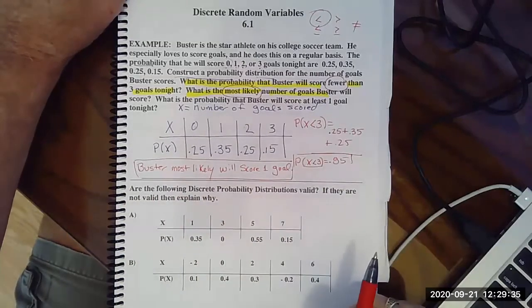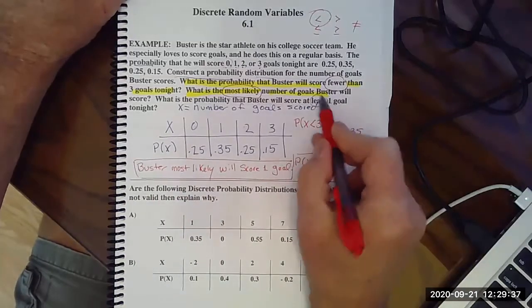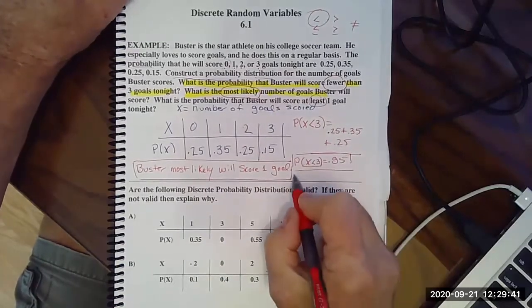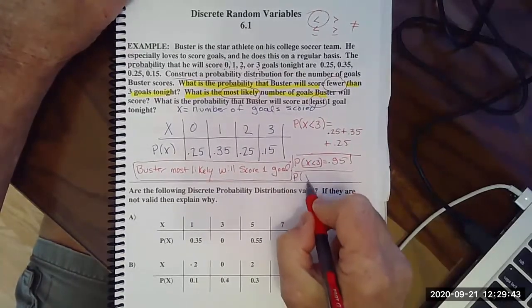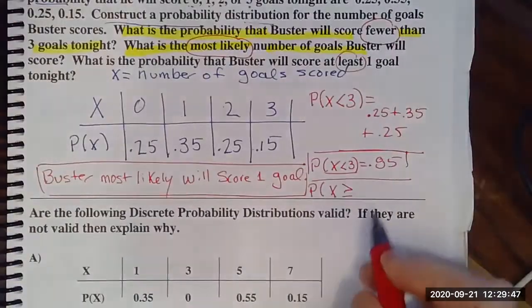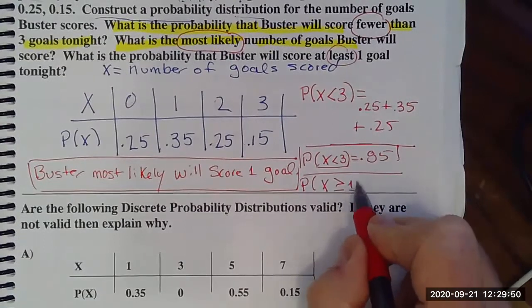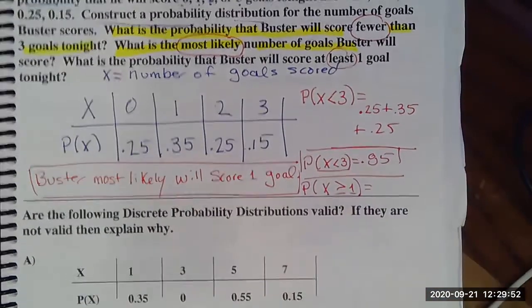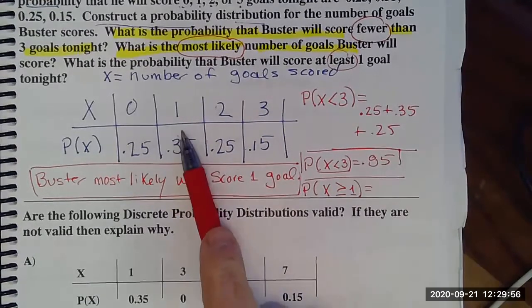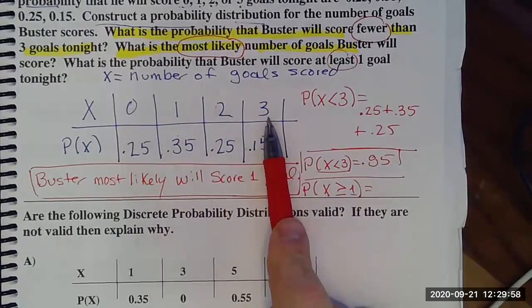And the final one, it says the words at least. We've seen the words at least dozens of times. Probability that he scores at least 1, that's greater than or equal to 1. So you count the 1, count the 2, count the 3.